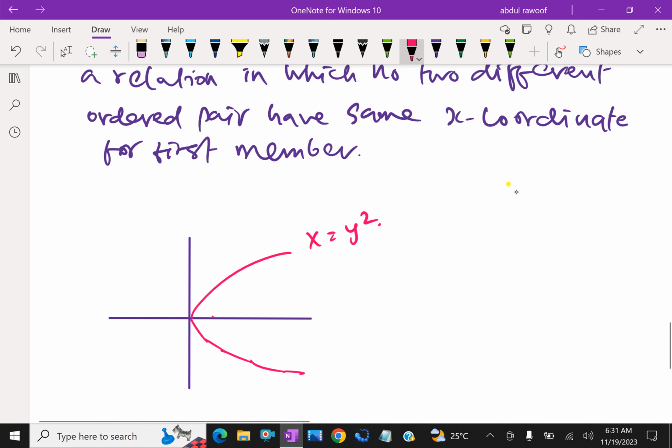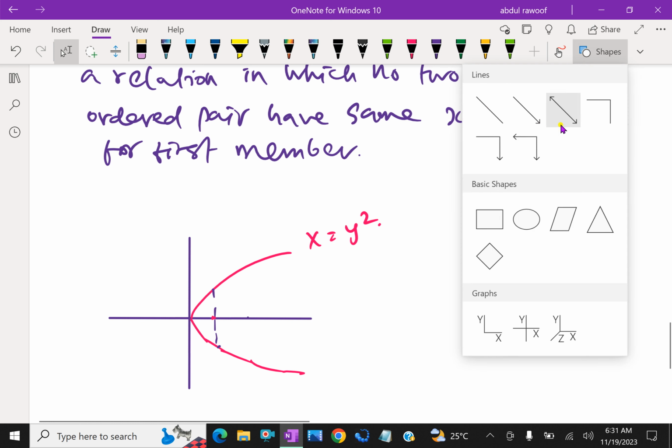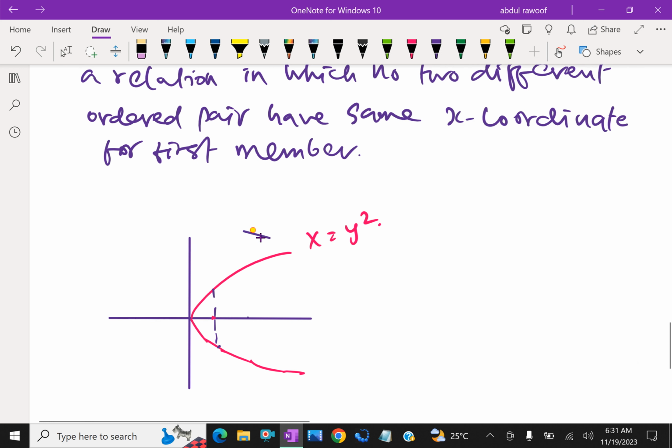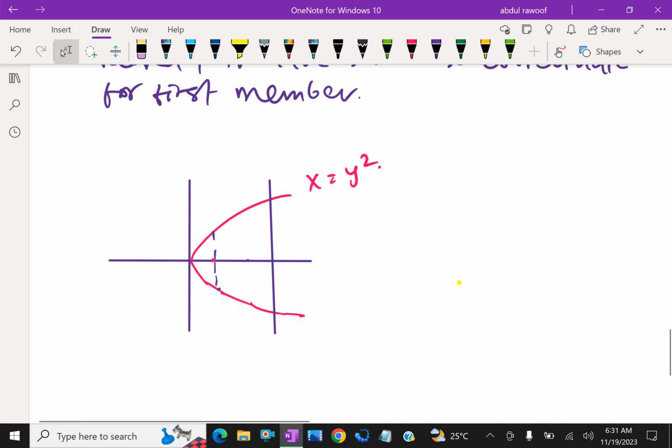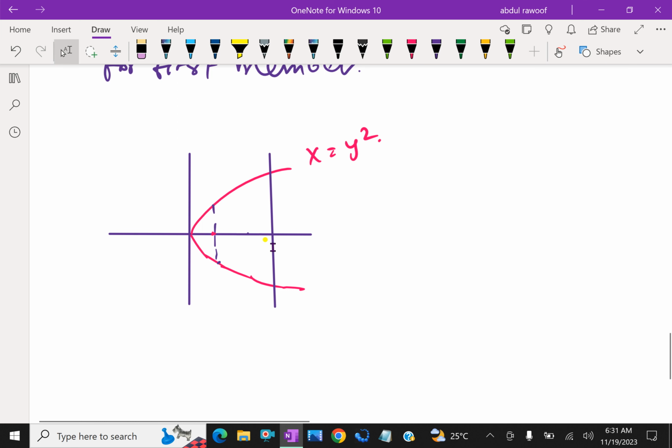Here, for a particular x point there are two y values.